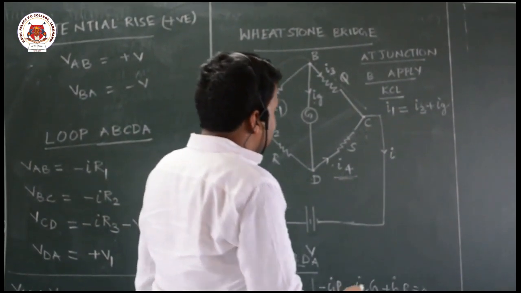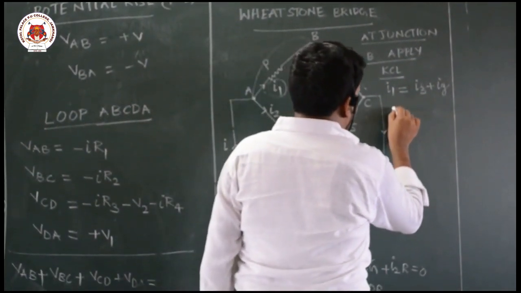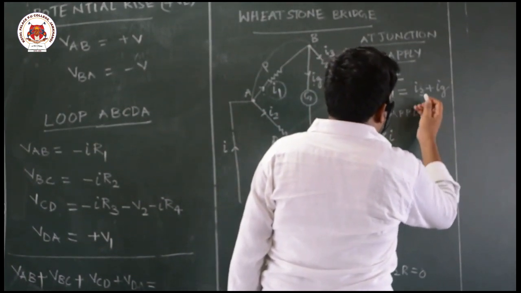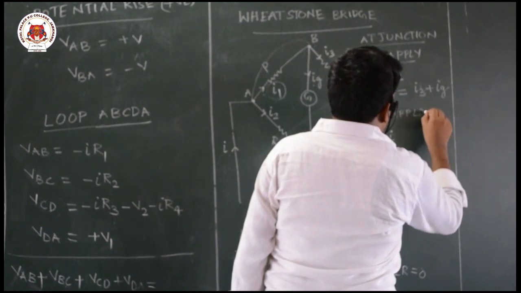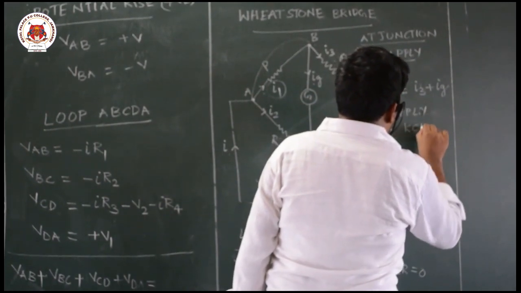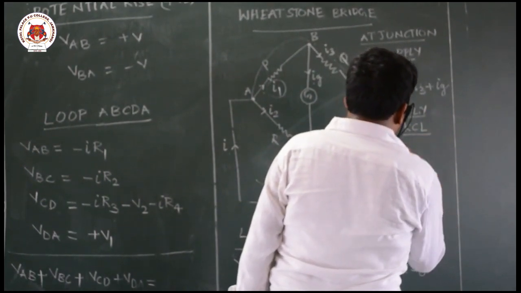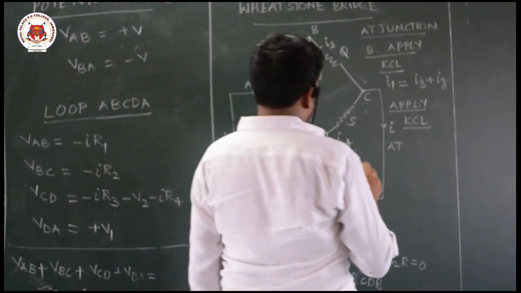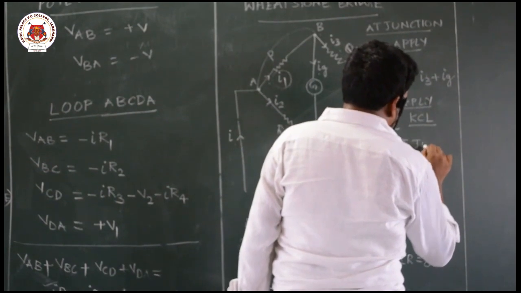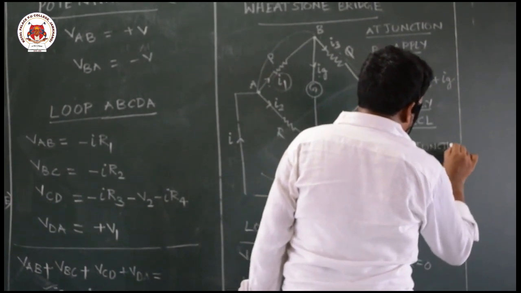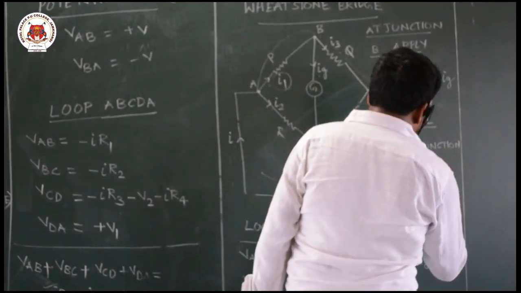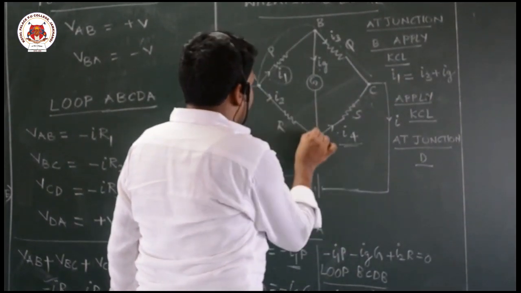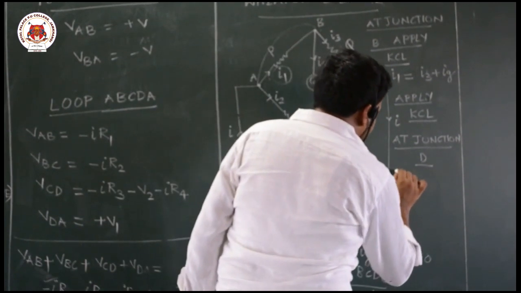Next, again apply KCL at junction D. At D, the current coming into the junction is I2.